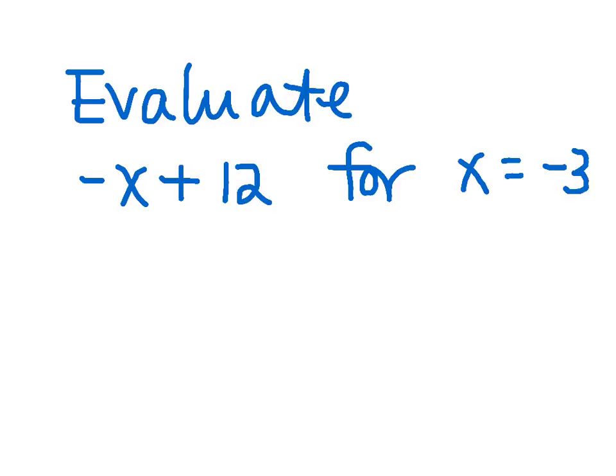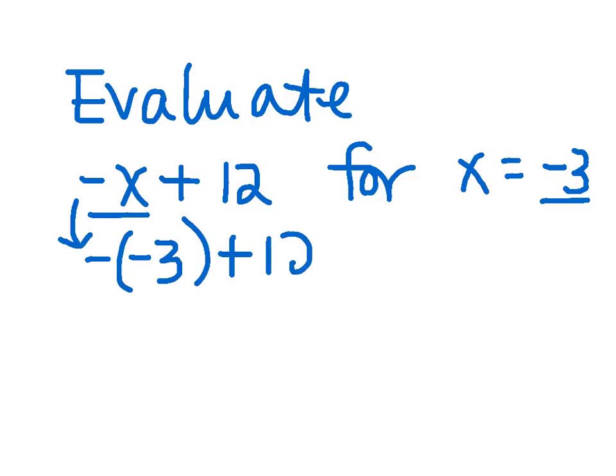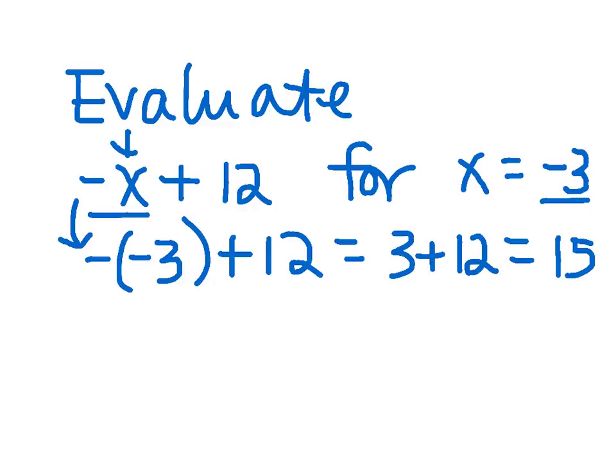If I read this term as the opposite of x, and x is negative 3, I can do one of two things. I can show replacement by bringing my negative sign down and plugging in negative 3 for x plus 12, and then I'd say the opposite of negative 3 is 3 plus 12, or 15.